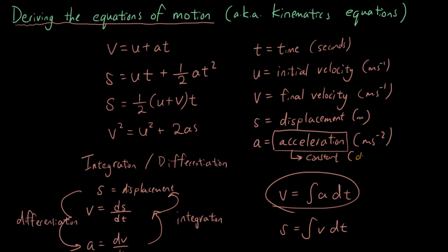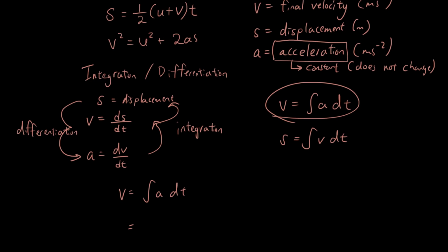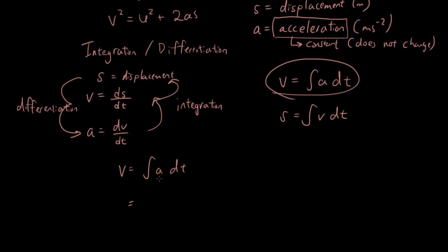For example, a falling object has the same acceleration the whole time, negative 9.8 meters per second squared, because acceleration due to gravity is always the same. Because acceleration is a constant, when you integrate a constant, you just get a, whatever the constant is, times the variable, which is t, plus another constant c.